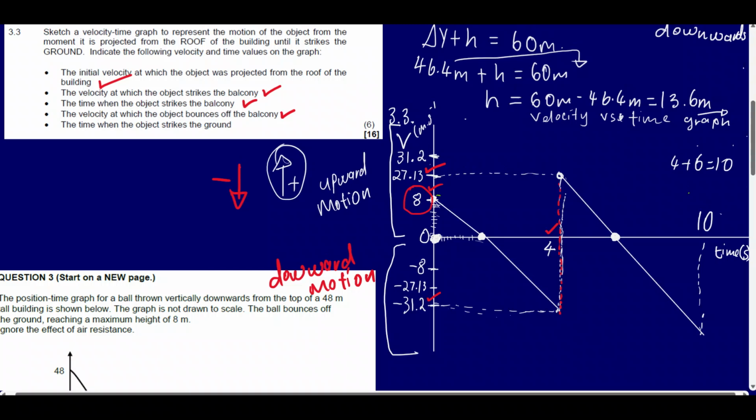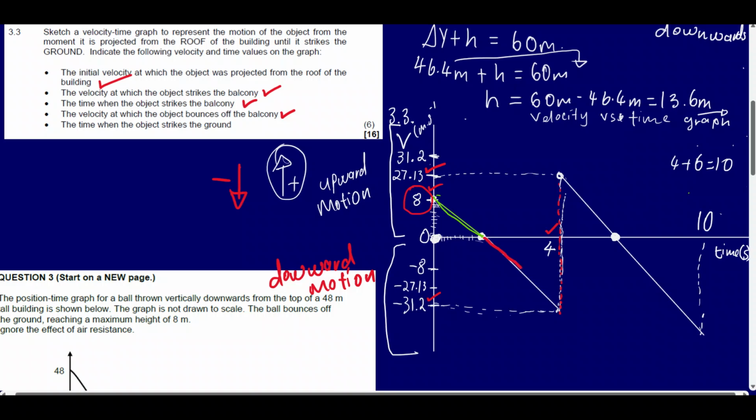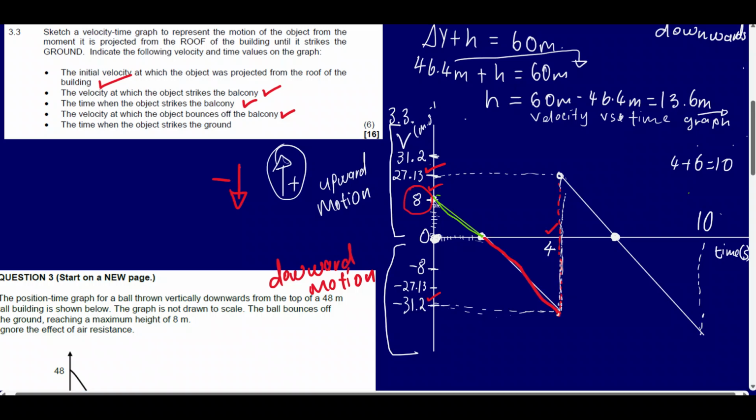If we take a look at it here with colors, the part in green would show the upward motion, and the part in red would show the downward motion.